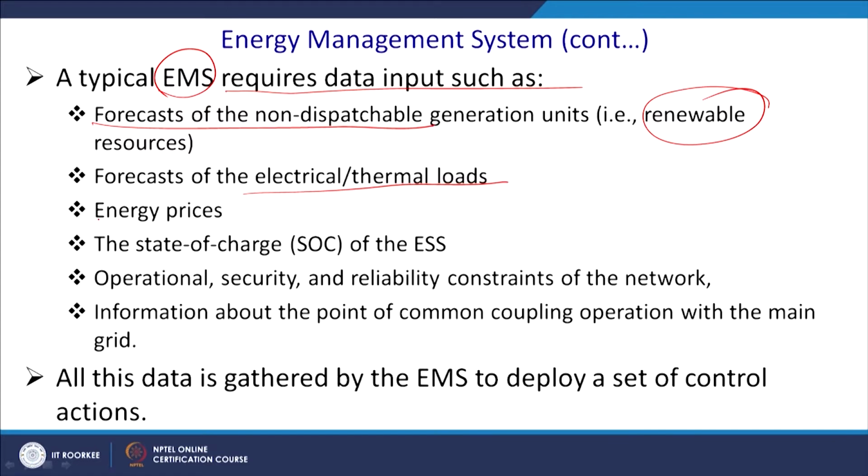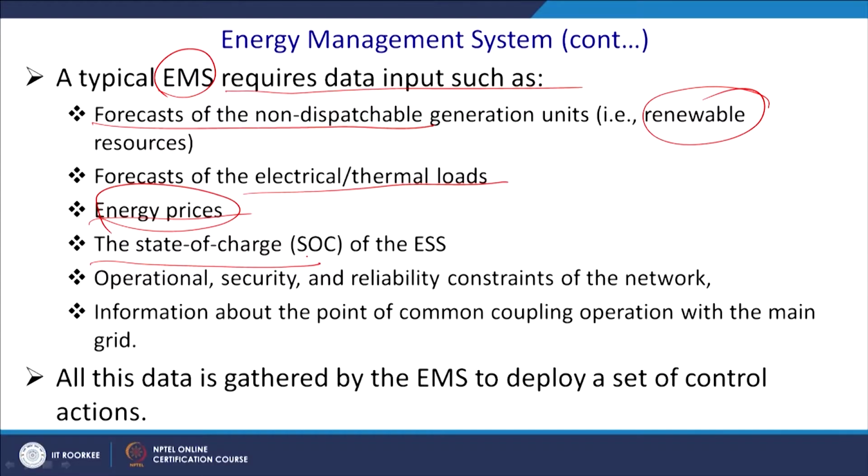Thereafter, energy pricing. Unfortunately, in India, for domestic purposes our pricing is the same. We do not bother to add more consumption even at peak hours, but we require dynamic energy pricing depending on the availability of energy and the state of charge of the storage element, if it is a battery, and the operational, security and reliability constraints of the network.